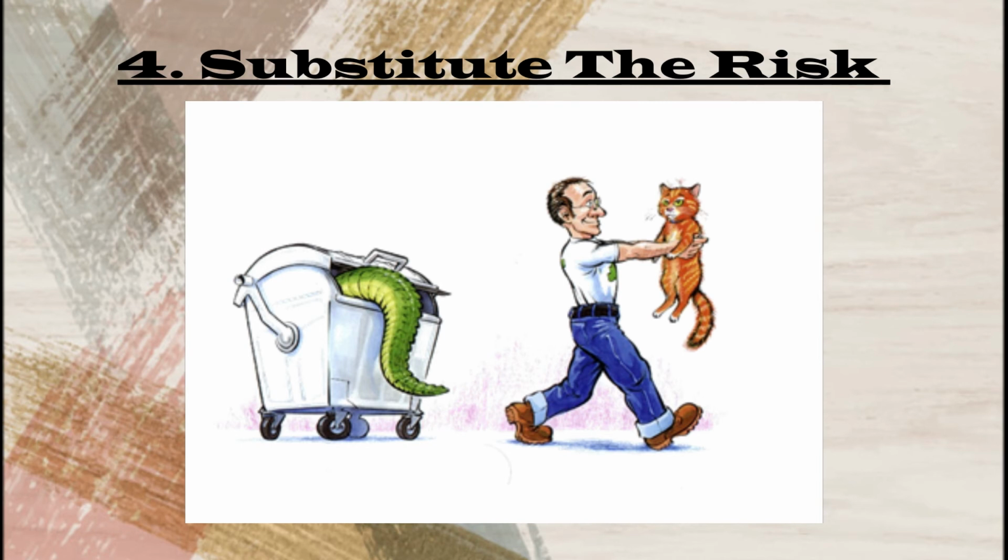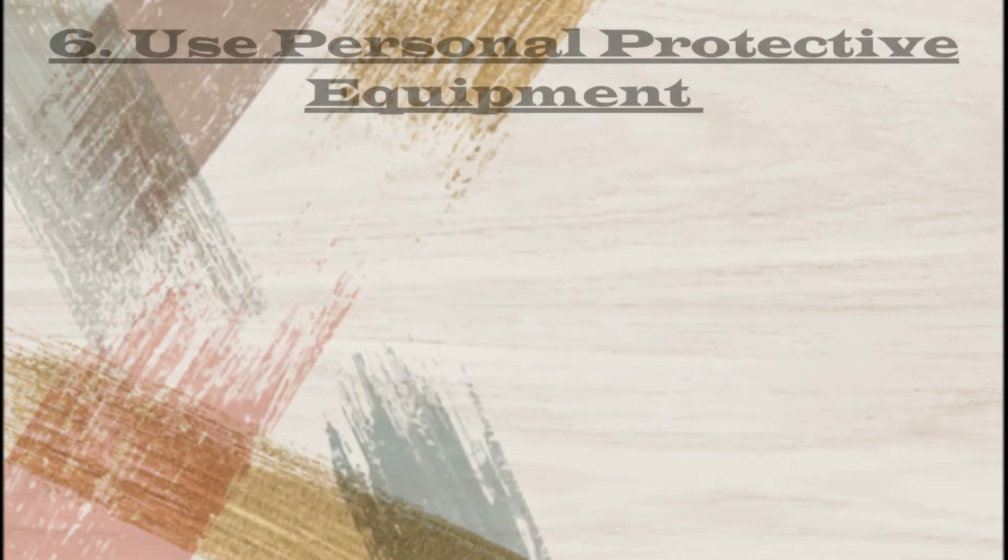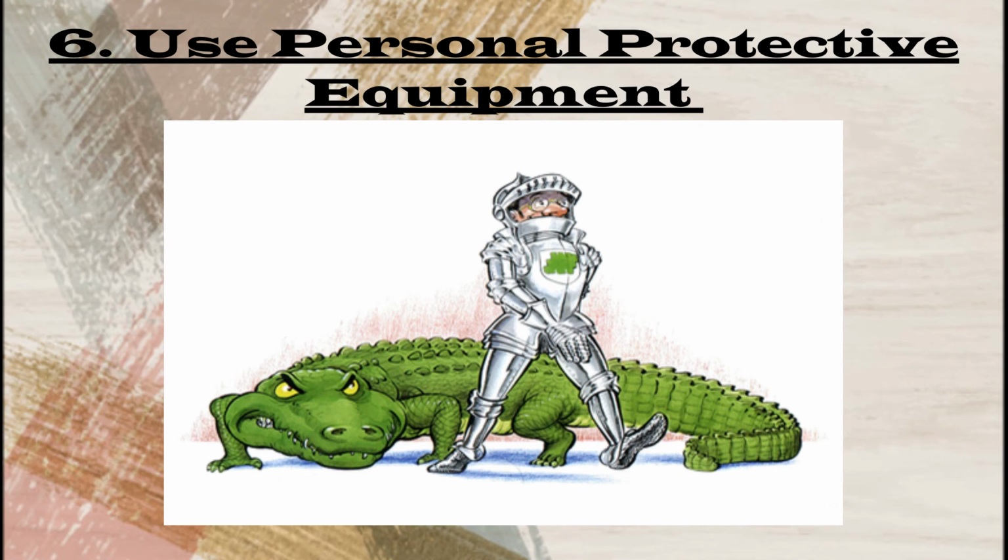You can always think of substituting a cat for the crocodile. Cats are less hazardous than crocodiles. Then you isolate the risk. Use of personal protective equipment is the last principle. Normally, we consider this as the first principle, but that is wrong. We should use personal protective equipment as the last principle of risk assessment.